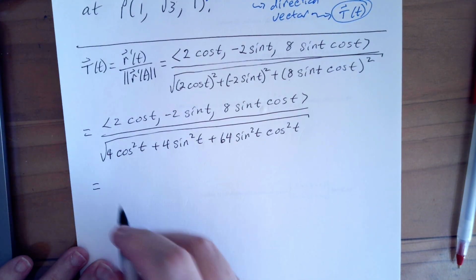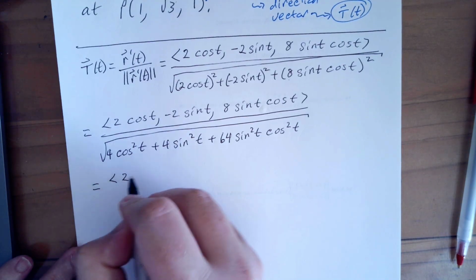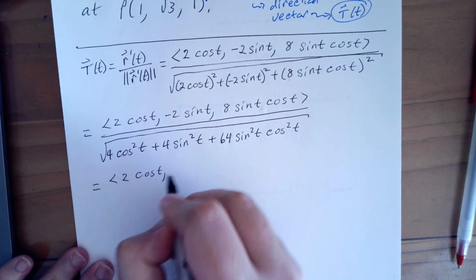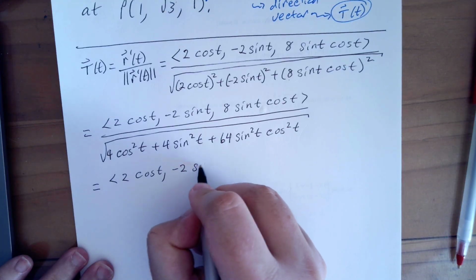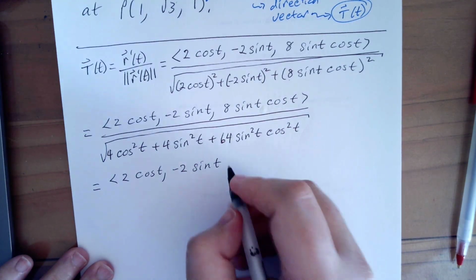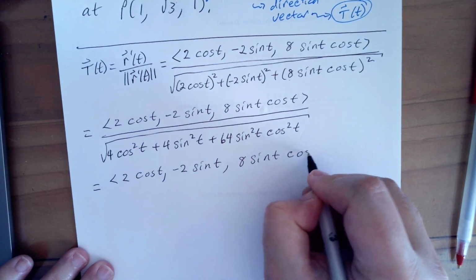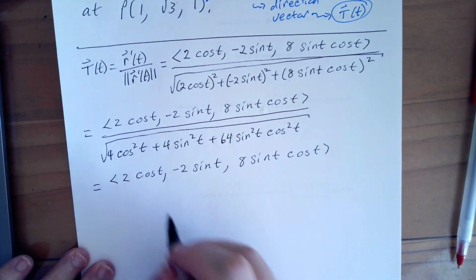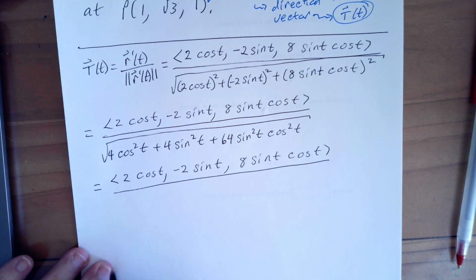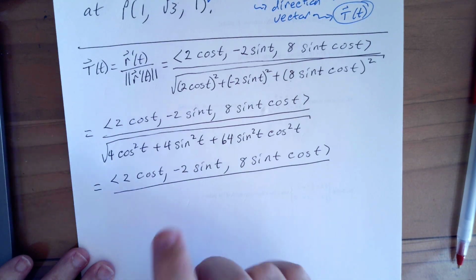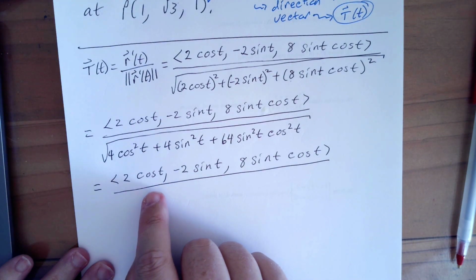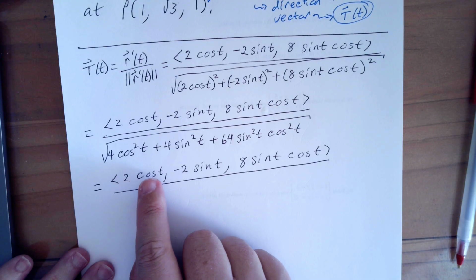Okay, numerator is the same, so we'll have 2 cosine of t, minus 2 sine of t, 8 sine of t cosine of t, divided by... okay, let's see, what can we do?